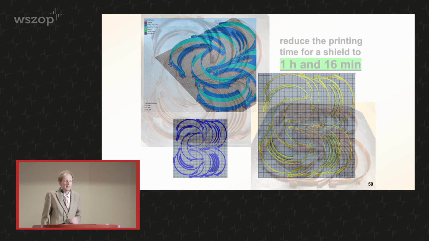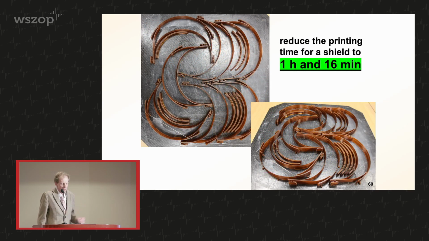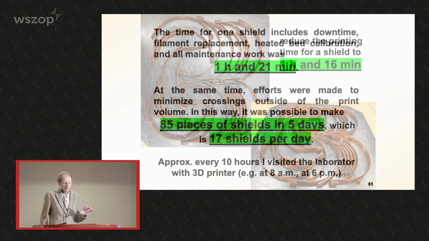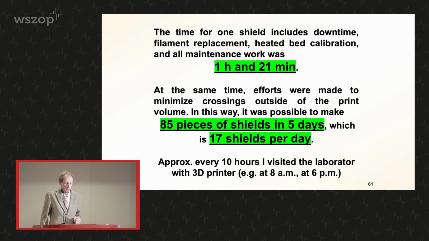And on this picture, you can see the final real situation on the heated bed plate, for which I used a special plate, and reduced the printing time for 1 shield to 1 hour and 16 minutes, but the final time to prepare 1 shield includes downtime, service working, changing nozzles, calibration, verification, preparing G-code, and so on. Altogether 1 hour and 21 minutes.